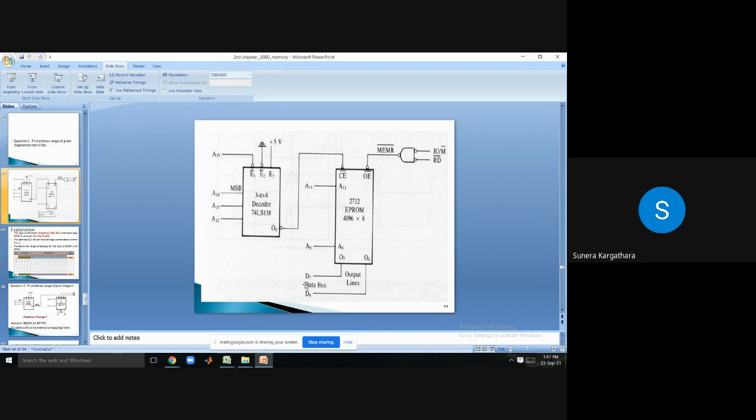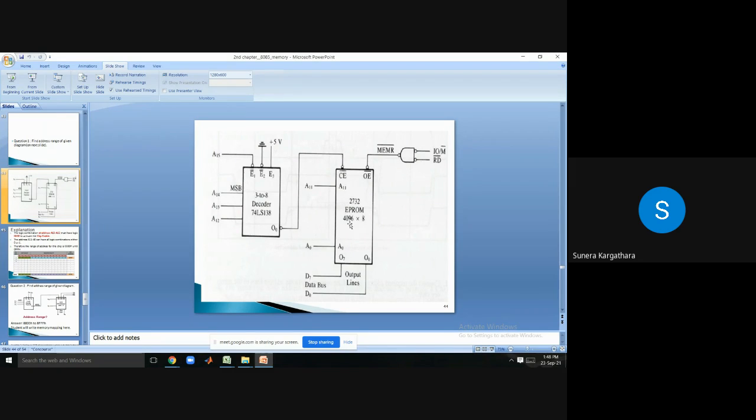This data line is directly connected with our microprocessor. We are interfacing a 4096x8 memory. 4096 are the different memory locations that you have, and times 8 means onto one location you can load 8-bit data. Am I communicating, student?